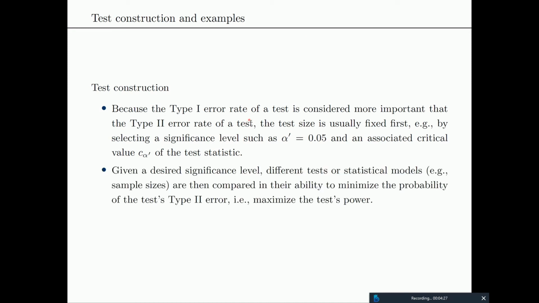Once the significance level, and with this the type 1 error rate, has been fixed, what people would do is try to minimize the probability of the type 2 error, or in other words, maximize the test power.